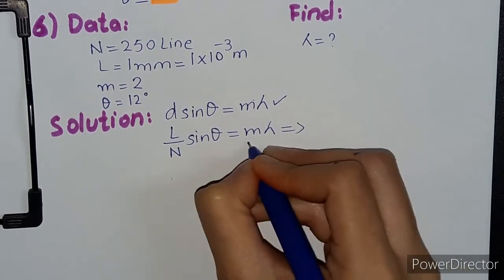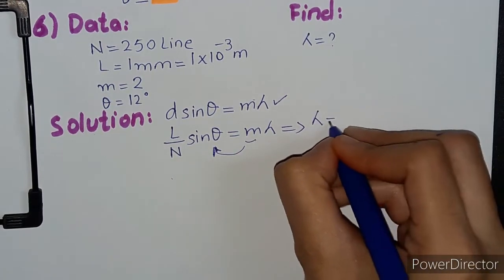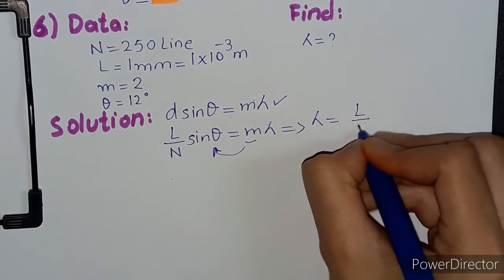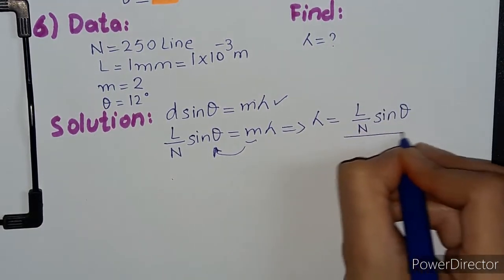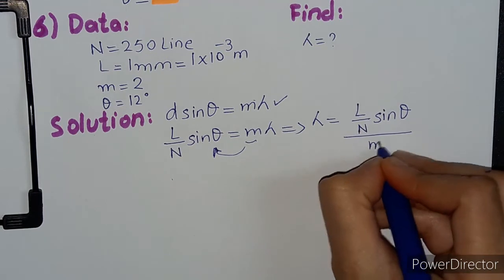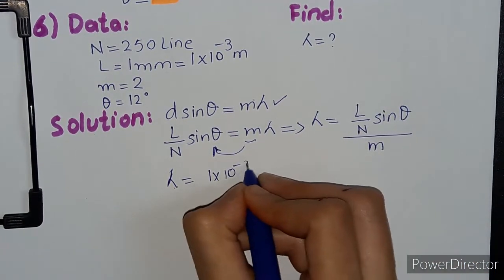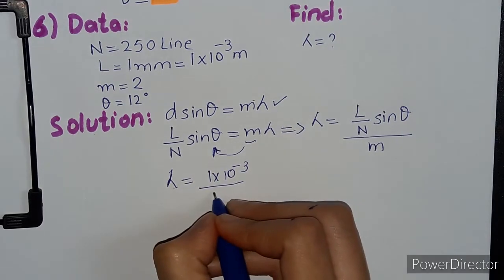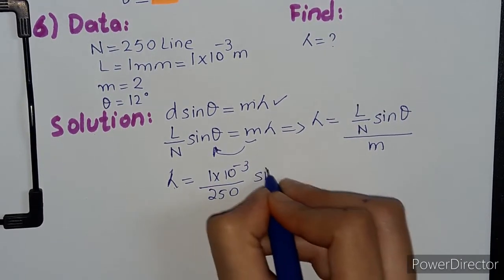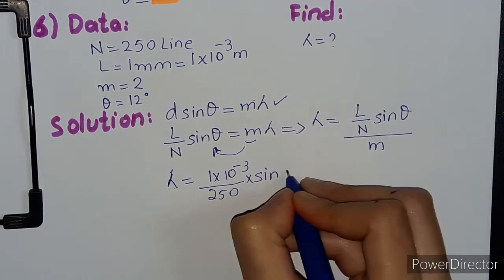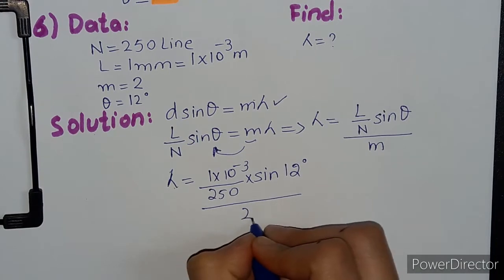Now rearranging, this m would divide with this factor, we will get the value of lambda is equal to L divided by n, sin theta, whole divided by m. Value is 1 into 10 to the power minus 3 divided by n value 250 lines multiplied by sine theta, 12 degrees, divided by m, second order.